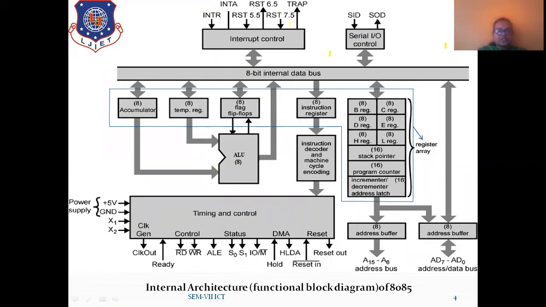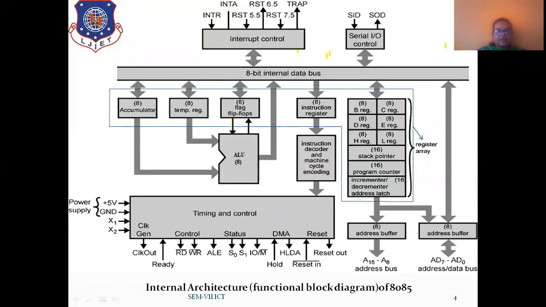First, the group at the top is called the interrupt control group. Second, at the right corner, is called the serial IO group. Right? In between, it has an 8-bit internal data bus, where data can be accessed or exchanged from one element to another element.